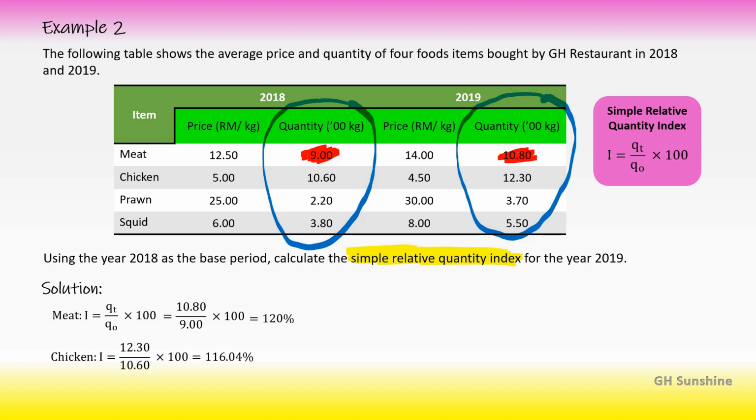Second, for chicken, substitute, at the end you got 116.04%. And then prawn, you got 168.18%. Meanwhile, for squid, you got 144.74%. So this example shows how to calculate the simple relative quantity index for each item.